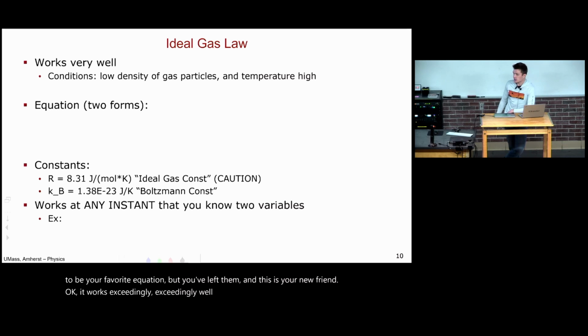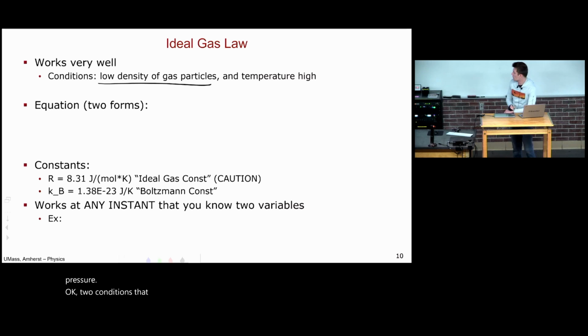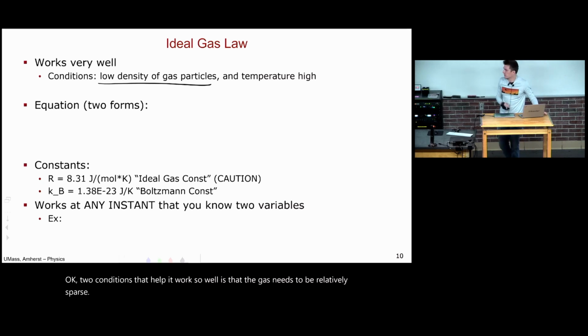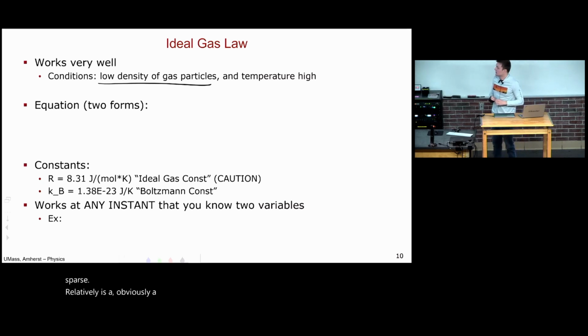Most gases behave almost like perfectly ideal gases under standard, like room temperature, room pressure. Two conditions that help it work so well are that the gas needs to be relatively sparse, relatively is obviously a loaded word, and the temperature should be relatively high.